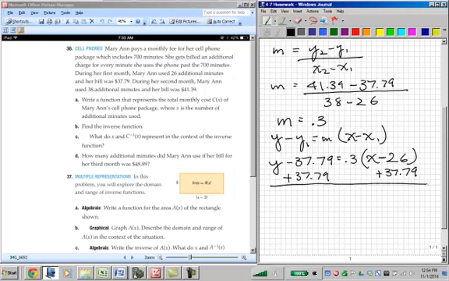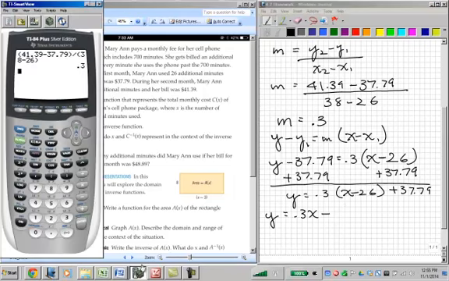Y equals 0.3 times x minus 26 plus 37.79. Okay, now let's distribute. Let's get rid of that parenthesis. I suppose I should have done that first, but whatever. Y equals 0.3x minus 26 times 0.3, and I will use the calculator for that. 26 times 0.3, and that's 7.8 plus 37.79.